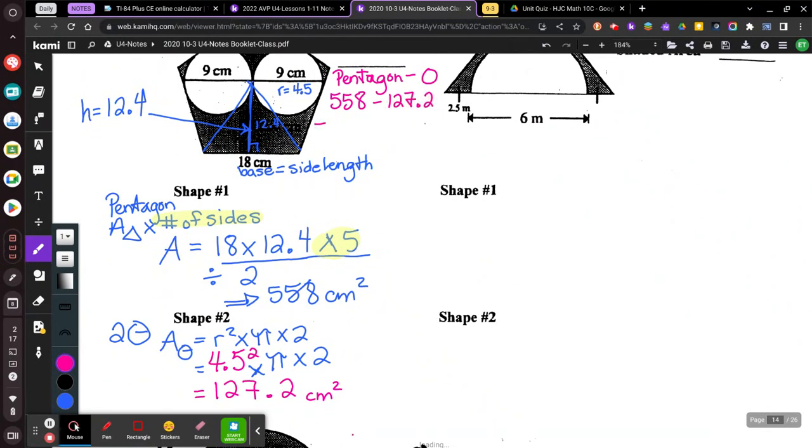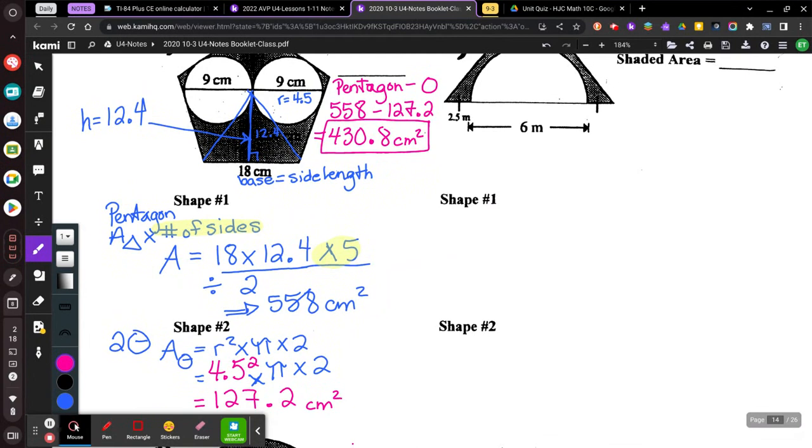And that's going to be our grand total, which is 430.8 centimeters squared. So don't forget your units, folks.